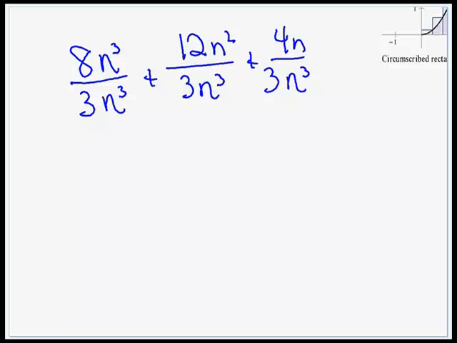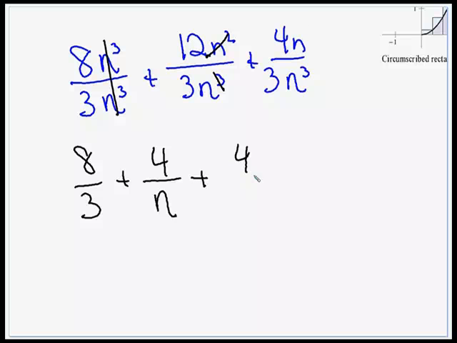The n to the thirds are gone. We're left with 8/3 plus 4 over n, because our n squared wipes out 2 of these, just a plain old n in the bottom, plus 4/3, the fraction will not change, but our n in the numerator wipes out 1 in the denominator, and we have an n squared.